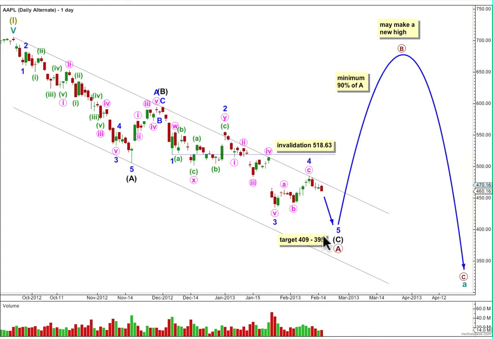So when this 5 down is complete, subsequent movement above this price point would invalidate the main wave count and confirm this alternate. At that point, we would expect price to continue rising, where this upwards movement reaches at least 90% the length of this downwards movement and is fairly likely to make a new all-time high.